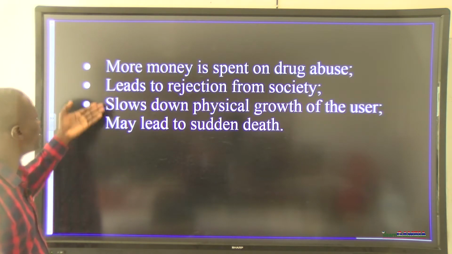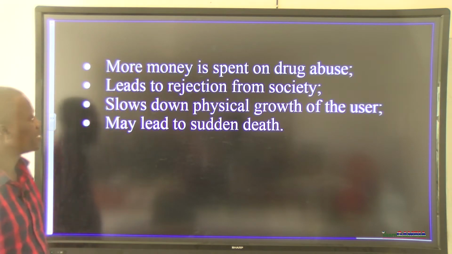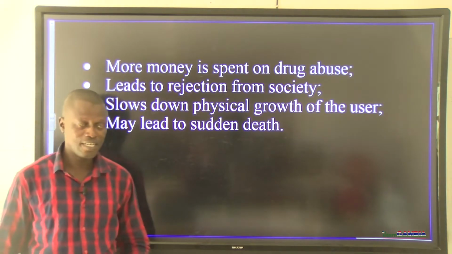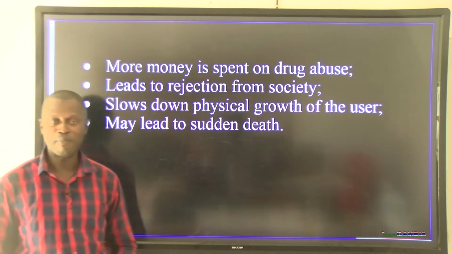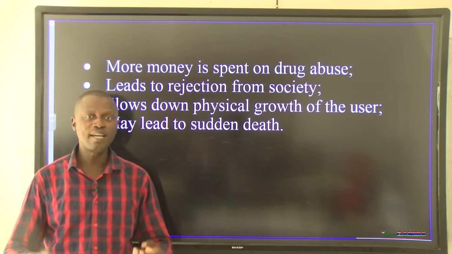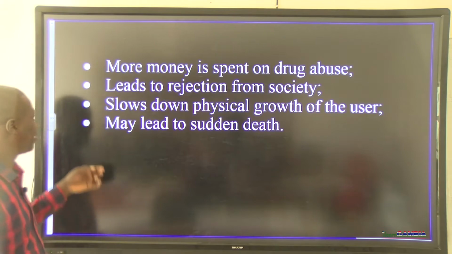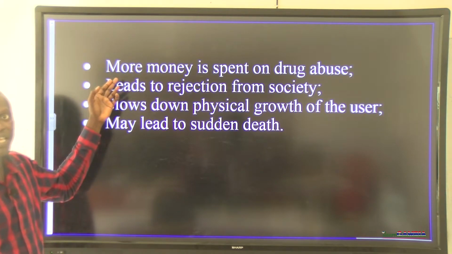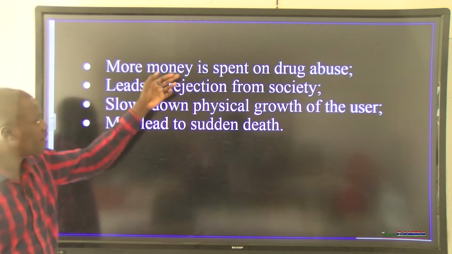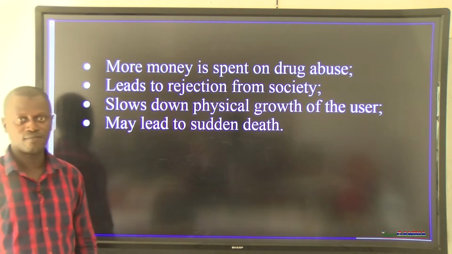The other effects are that more money is spent on drug abuse. This is very true. Let's take the example of marijuana, which is the most commonly abused drug in the Gambia. How much in Dalasi is spent on the use of marijuana?